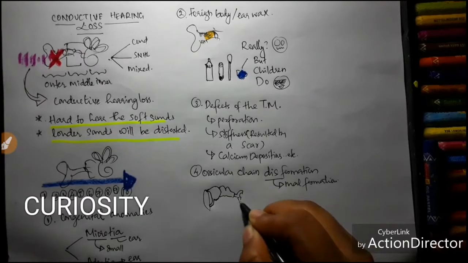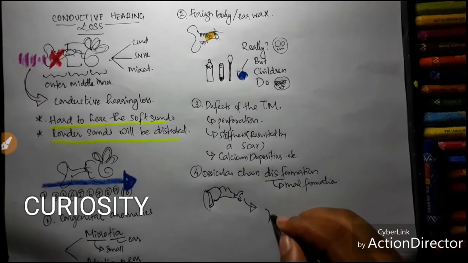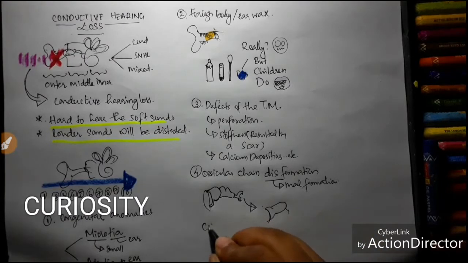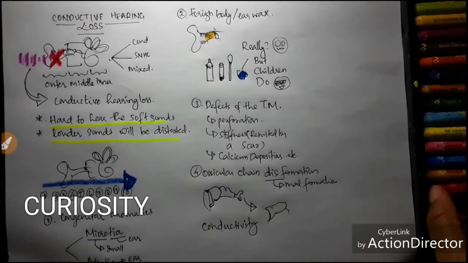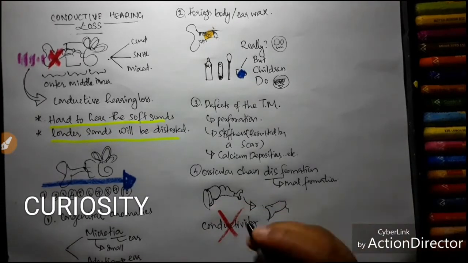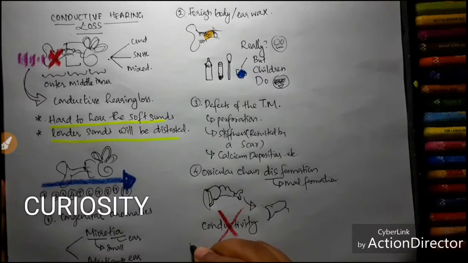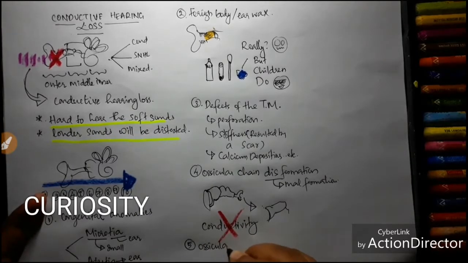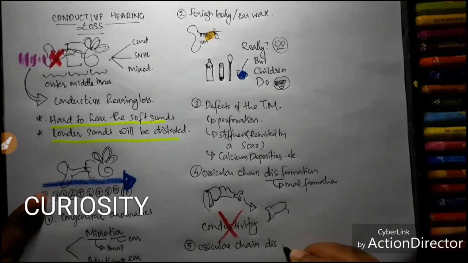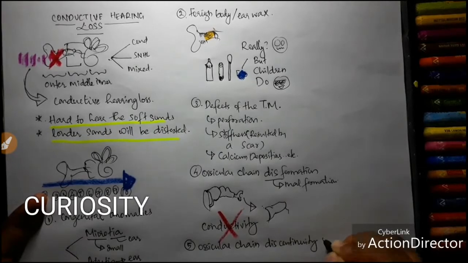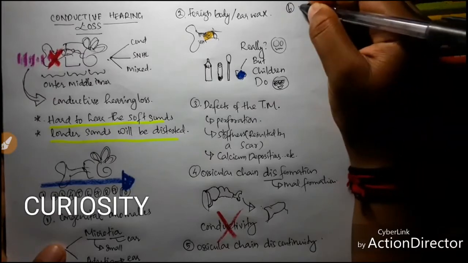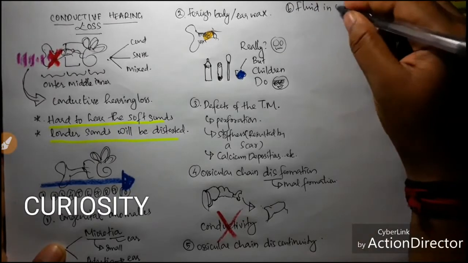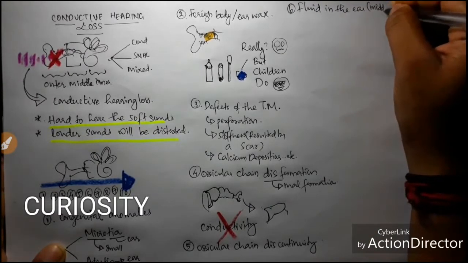I told you already that these are small bones located in the air-filled cavity called the middle ear, and they can be malformed, and therefore the ability to conduct will be affected. So the conductivity won't be proper, and that can lead to conductive hearing loss. The next one is ossicular chain discontinuity, a condition where the chain is disorganized.